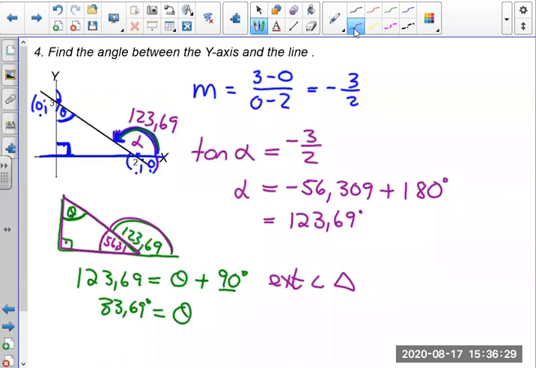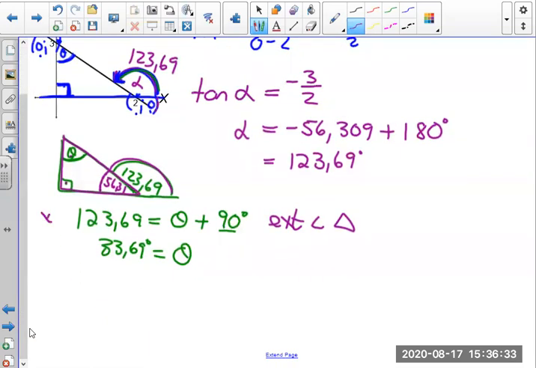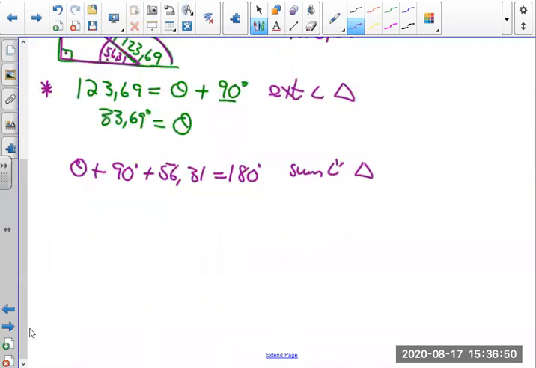Whether you use the exterior angle of a triangle, or say theta plus 90 plus 56,31 is equal to 180 degrees, you are in any case going to get 33,69 degrees.